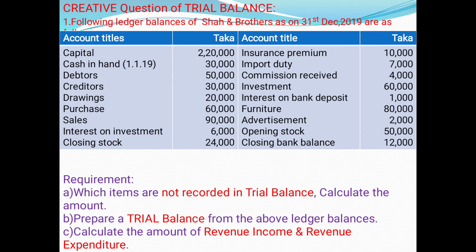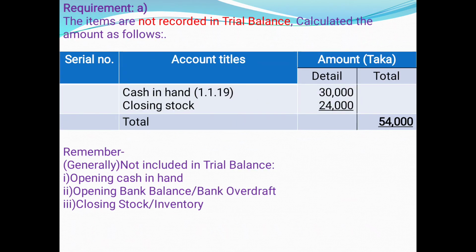Now we can go for writing the requirements A, B, C. Dear students, at first you have to draw a format for the solution of requirement A. You are watching a new slide for requirement A. The items are not recorded in trial balance.